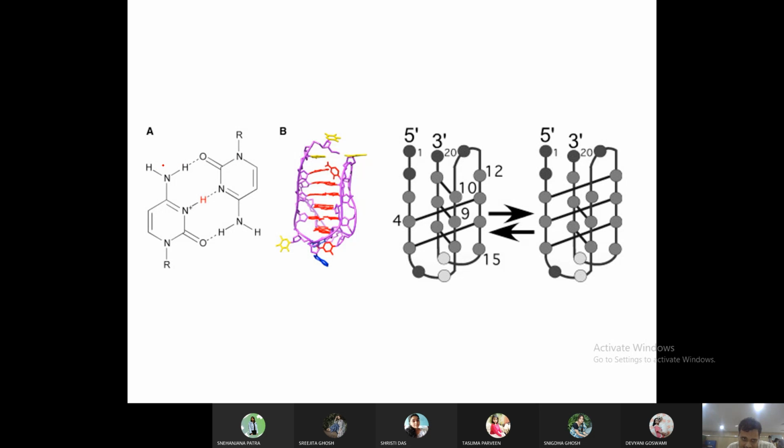So one hydrogen bond is sorted out. Another hydrogen bond, likewise, has this NH2 as hydrogen bond donor and this double bond O as acceptor. Other than that, this cytidine is getting protonated, so this is forming a hydrogen bond donor, and this one is forming a hydrogen bond acceptor.